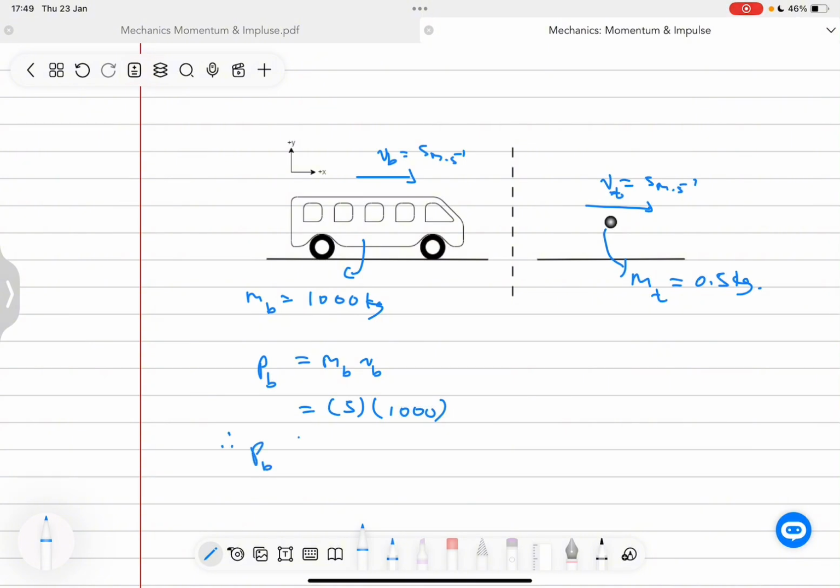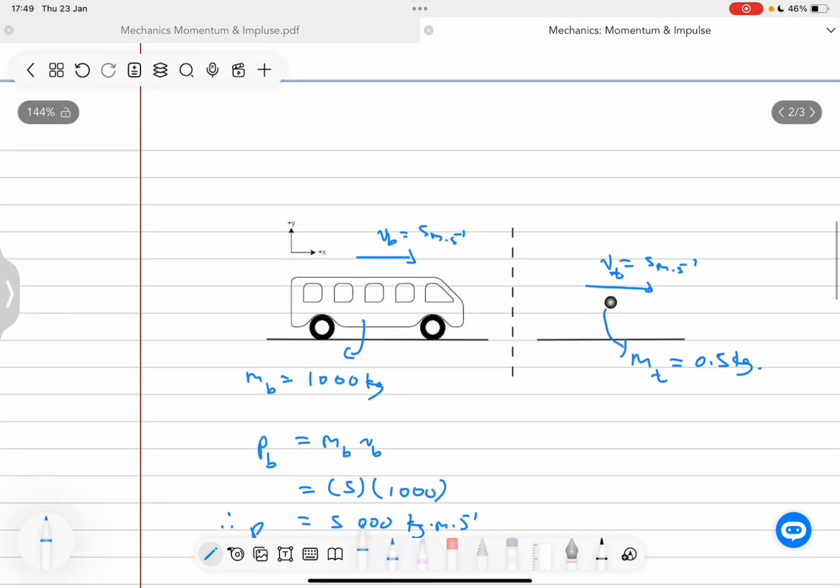Now this would mean that my momentum would be 5,000 kilogram meters per second, and this goes to the right. Now this is how you would fully write your answer because it's a vector quantity. It has the magnitude and the direction.